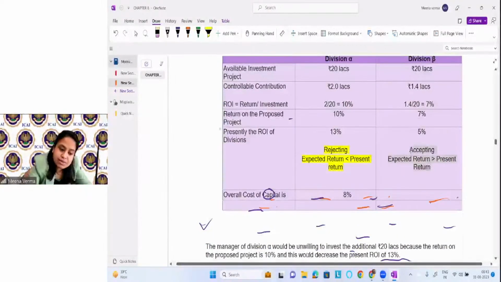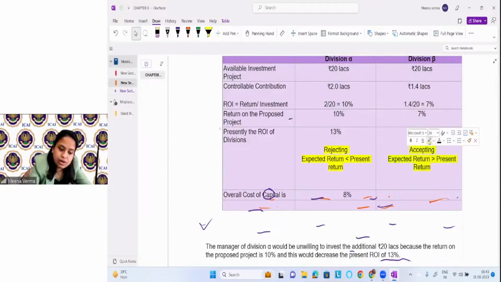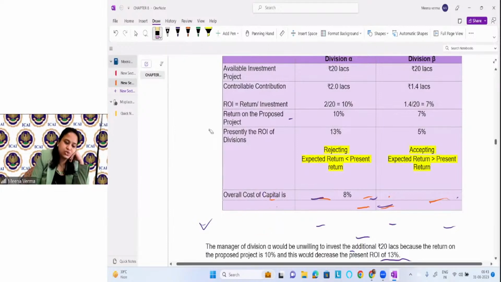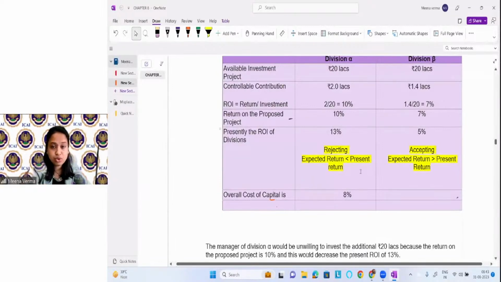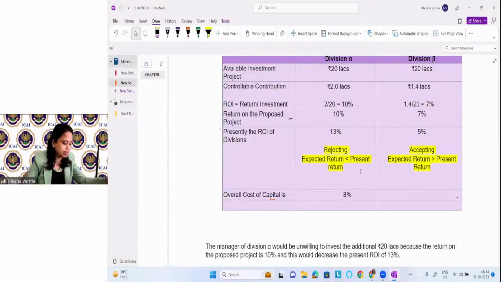So the manager is accepting this one because the expected return is more than the present return. But actually, this is not good for the company. Both these decisions taken by these two managers are actually not good for the company.